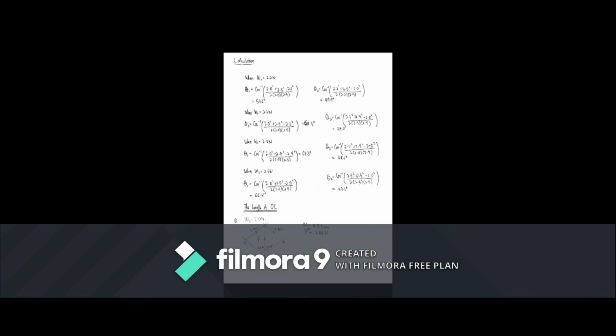So for weight equal to 2.0 Newton, we use angle 1 and angle 2, that is theta 1 and theta 2, and then by using the scale 1 cm equal to 1 Newton, we will draw a straight line, and where the lines intercept, we will draw the line from O to C.